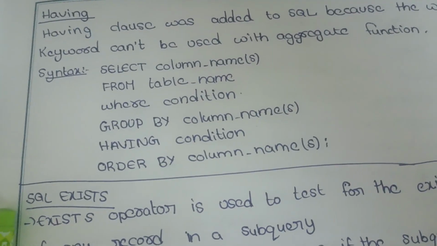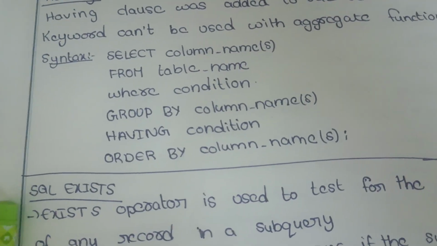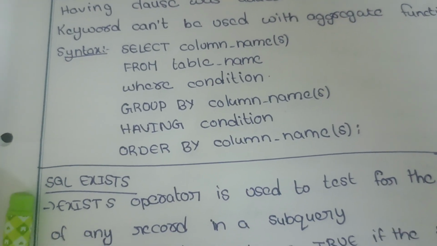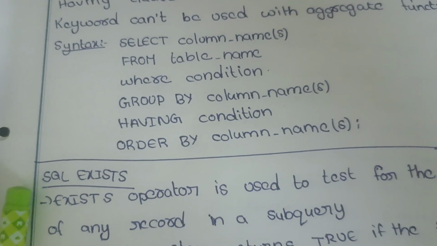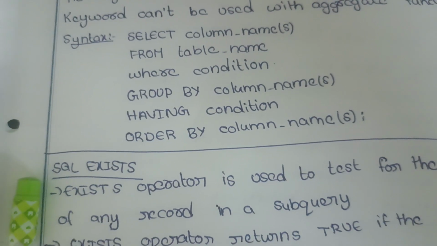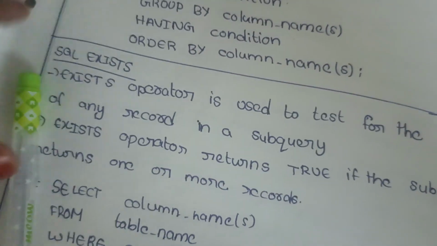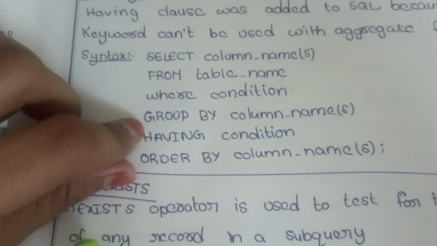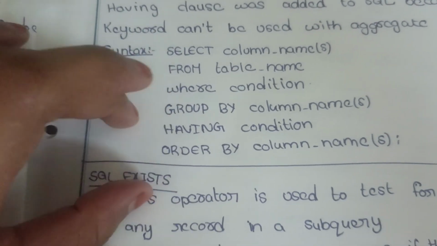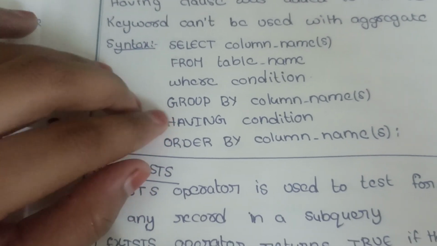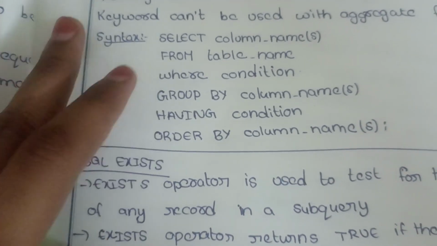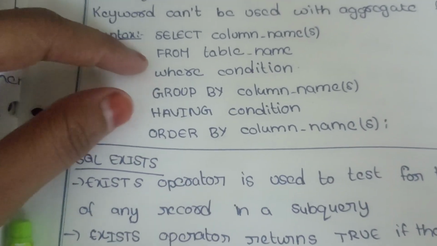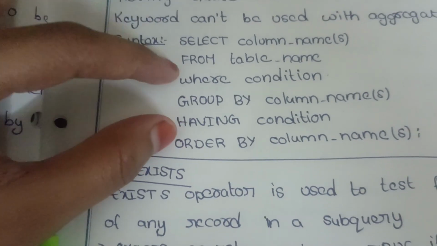This is the syntax of HAVING: SELECT column names FROM table name, WHERE condition, GROUP BY. These are the different types of statements we can use while writing a query. Here we can use HAVING, ORDER BY, GROUP BY, WHERE clauses.